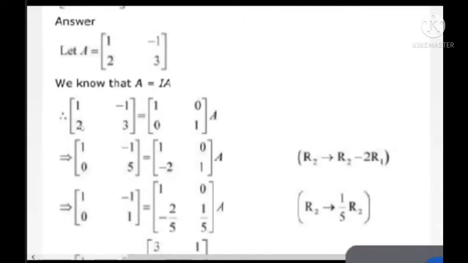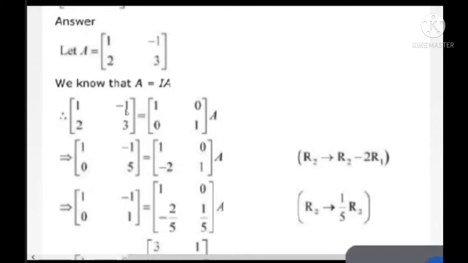So how do we do it? With the help of an operation, we change row r2 to r2 minus twice r1. If you multiply the first row by 2 and subtract that from r2, you will get 0. How? The first row multiplied by 2 gives 2 and 2, and here it is 2, so 2 minus 2 gives 0.